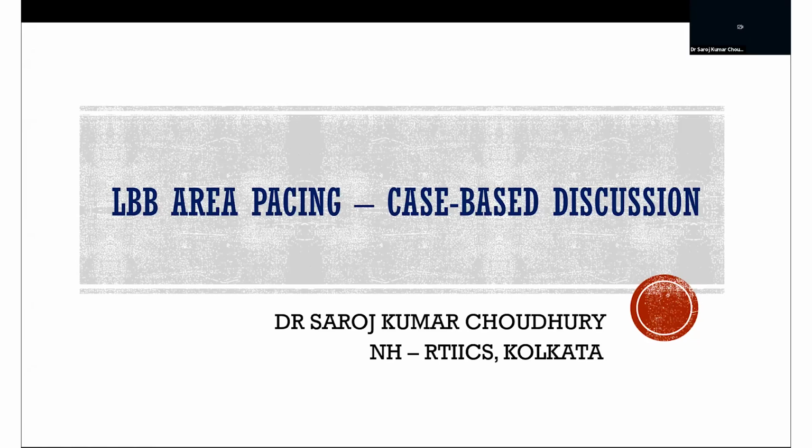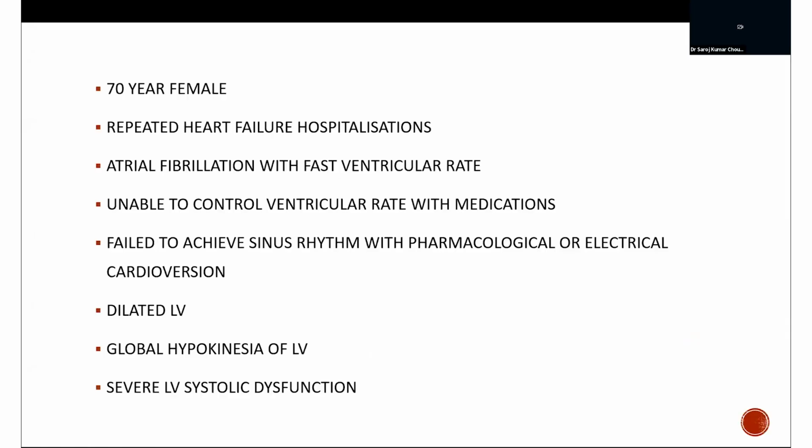Thank you, Dipchand sir, and IHRS for giving me this opportunity. I am going to present a CSP case for a heart failure patient. My patient is a 70-year-old female with a history of repeated heart failure hospitalization, recently admitted with complaints of heart failure.